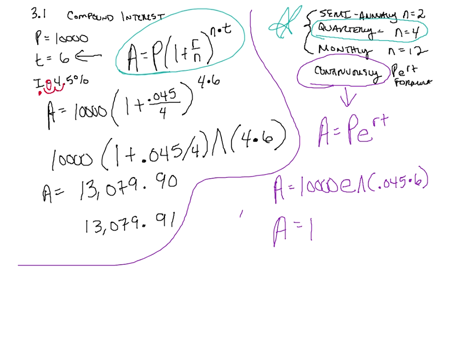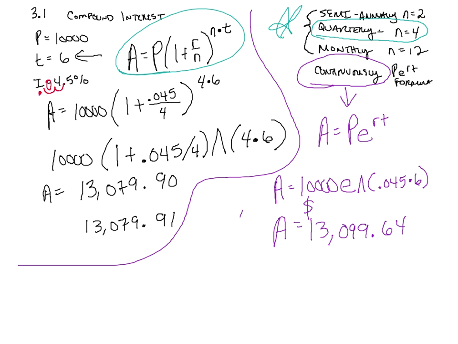Yep, okay, so I see that Latoya got $13,099.64, and that is exactly what I got. Did it say which one's a better investment or anything like that? Yes, ma'am. Okay, so obviously you'd want to go with continuously compounding.